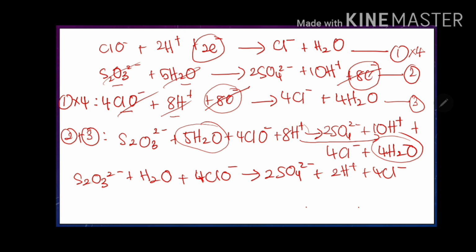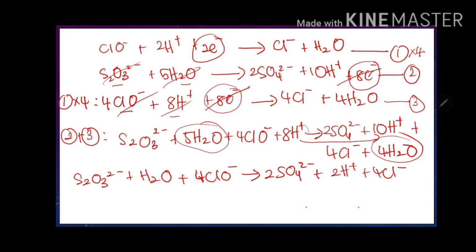Okay, so we start with S here. S is 2. So on the right also 2. Correct. Okay, what about O? O is 1, 2, 3, 4, 5, 6, 7, 8 on the left side. What about on the right side? 2 times 4, 8.